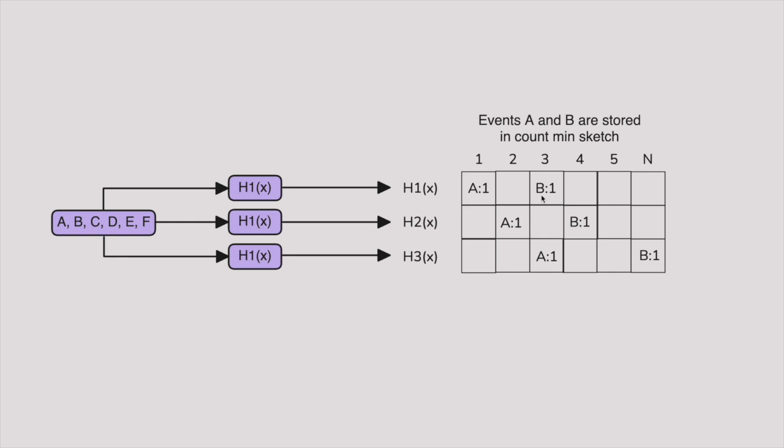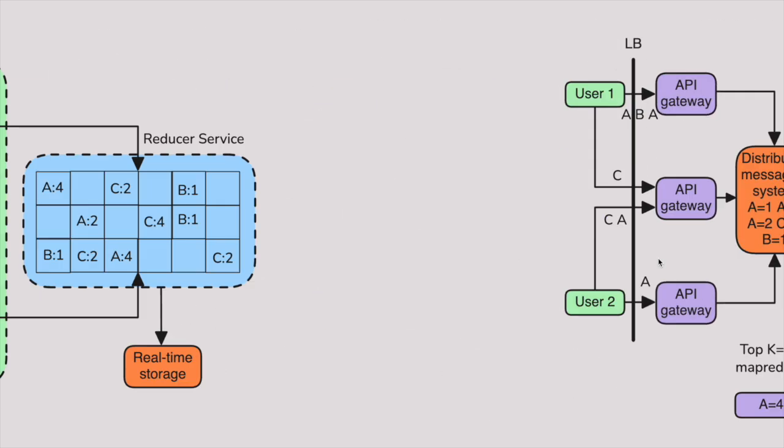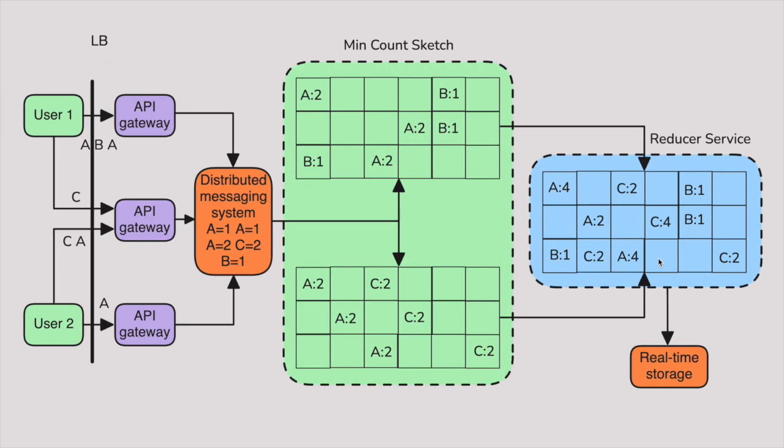If we do this for every single event, we'll also have conflicts because two different events can be mapped into the same cell. That might happen, and the way the data structure works is that when we want to get the value of the specific event, we get the minimal value across all the hash functions.